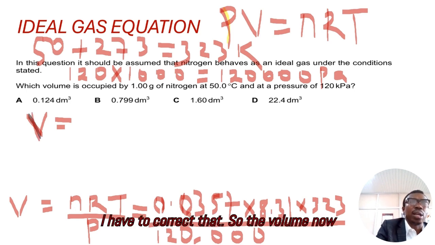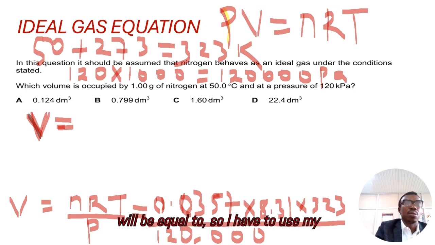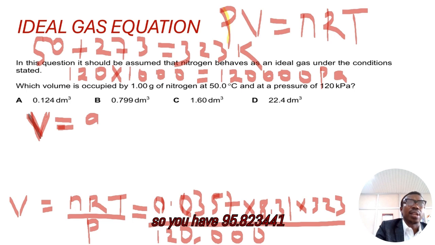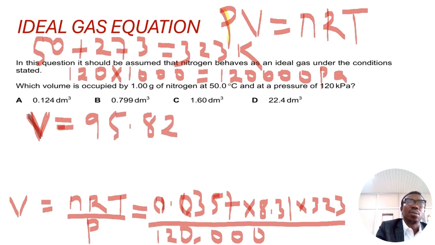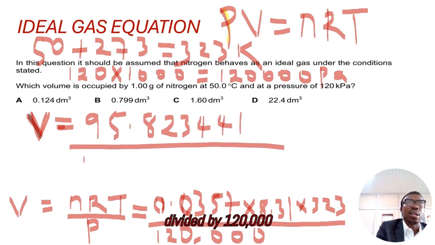So the volume will be equal to, using my calculator, 0.0357 times 8.31 times 323, which gives 95.823441, divided by 120,000.